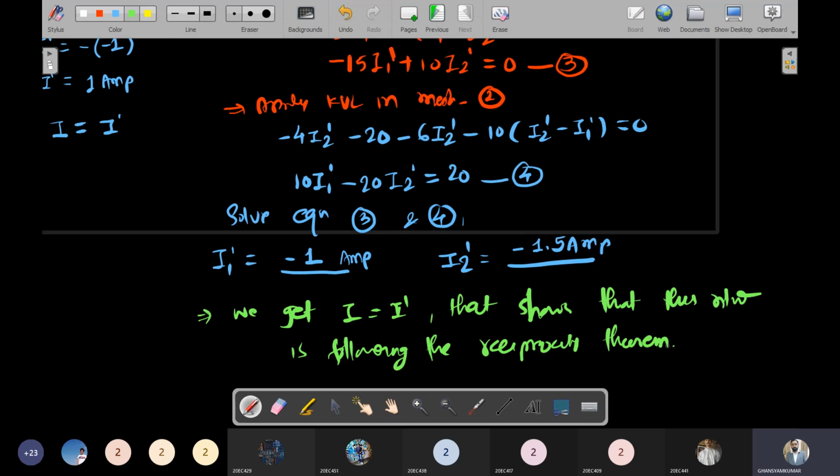Okay, anyone having any doubt in this? This network is following the reciprocity theorem. Any doubt in this one?